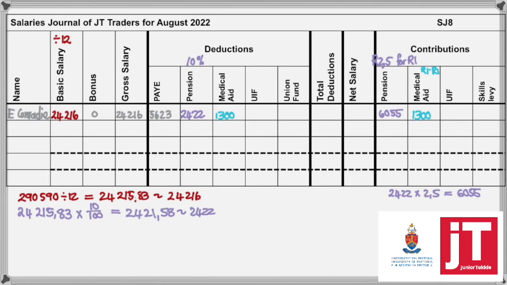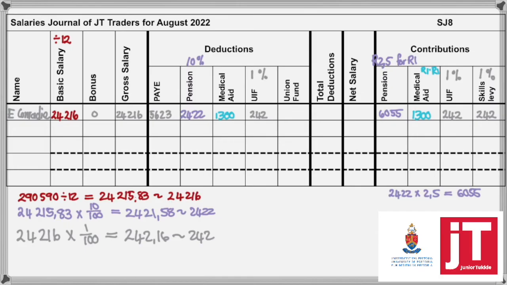UIF, we know by now, is 1%. So if we calculate 1% for UIF, that's 242 rand 16 cents, rounded to 242 rand for the UIF and skills development levy. So all of that will be 242 rand.